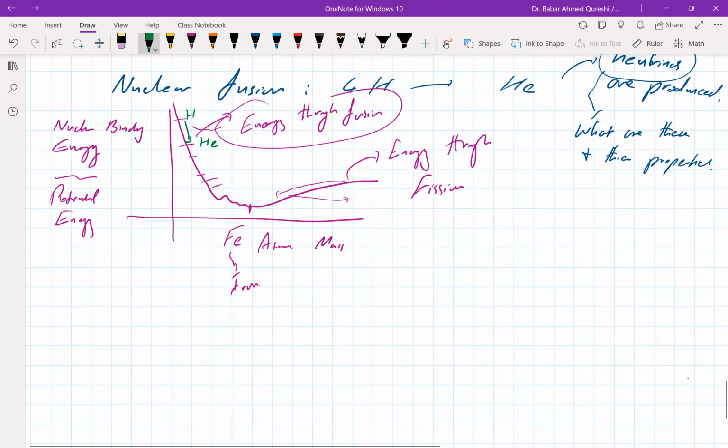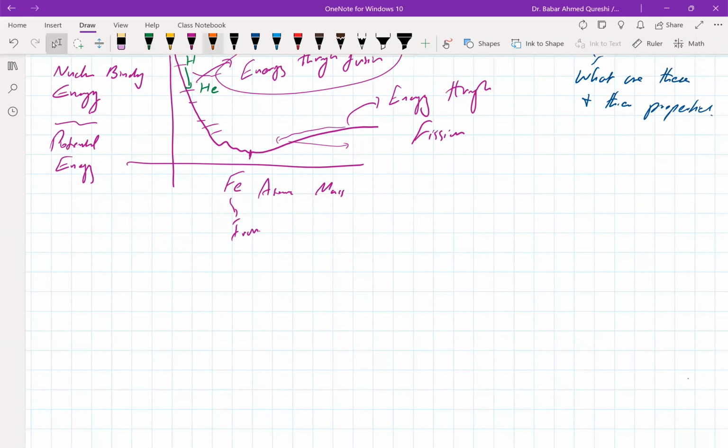Then we discussed that there is an end to stars: they enter old age and die.